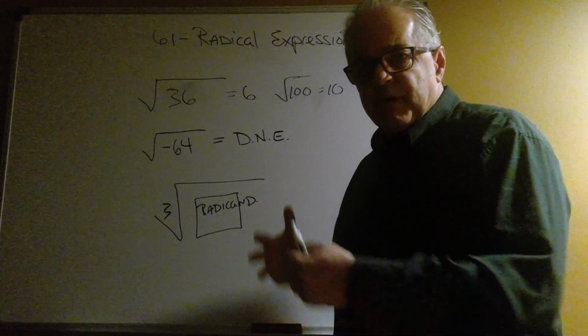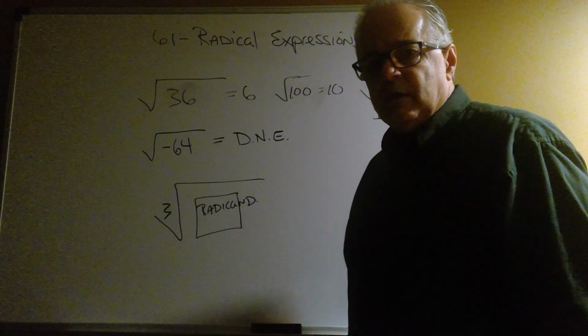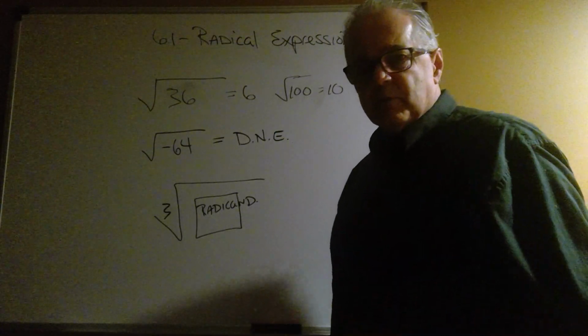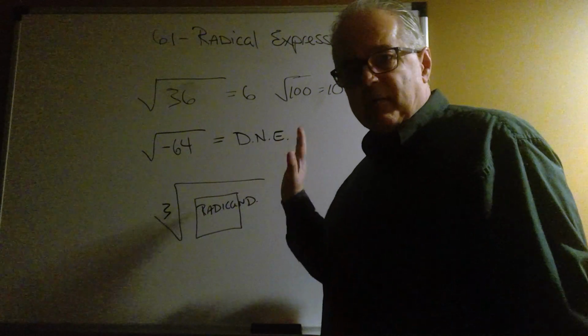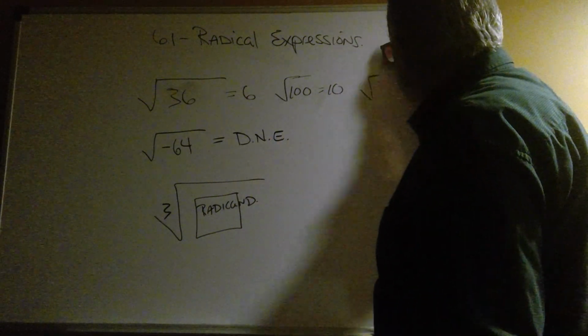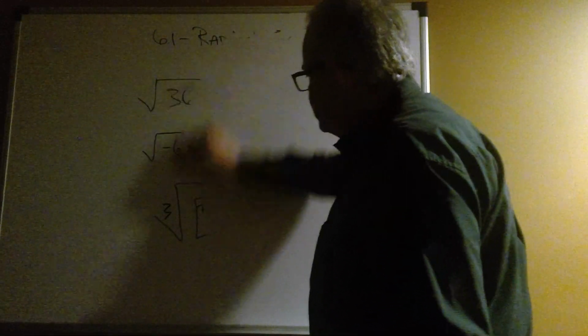There are perfect cube numbers, perfect square numbers, and of course perfect fourth roots, fifth roots, sixth roots, etc. I'm going to show you how to do that when we get to them in our examples.